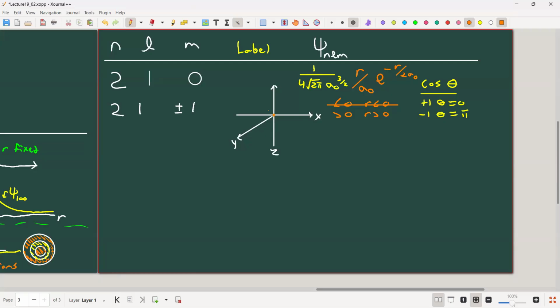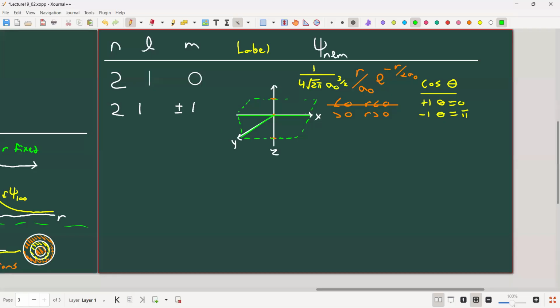So I know that the function is going to go to some positive and negative value on the z-axis. And where is this function 0? Well, it's 0 at r equals 0, but it's also 0 on the xy plane because that's where theta is equal to pi over 2. So I know on the whole xy plane, this function is 0. So I can draw some lines here on the xy plane and just draw a little square through here.